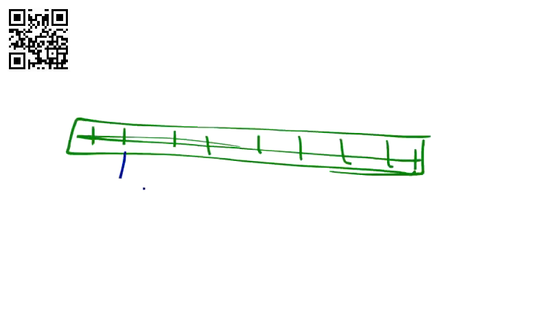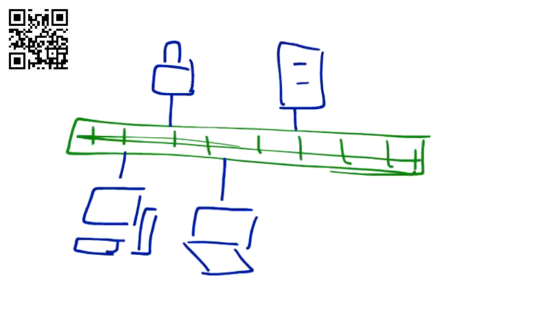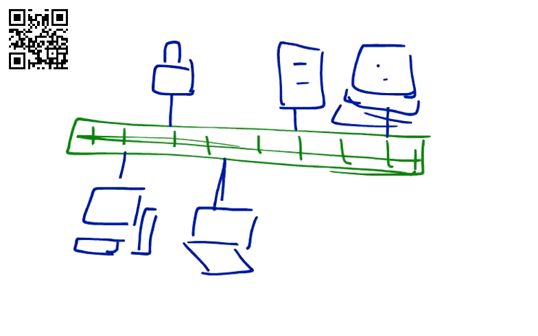Therefore, in the bus topology, we have a straight backbone, and our terminals or our nodes, that is our PC, our laptop, our printer, our server in the network, and our workstation, are all connected to that main backbone.